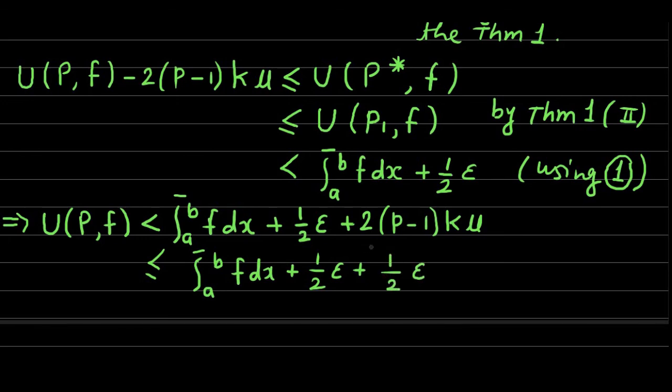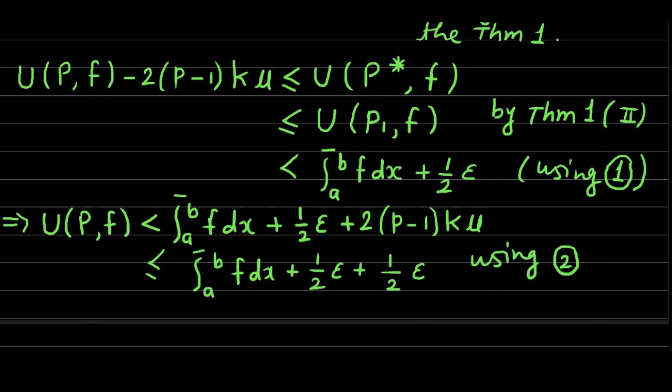So we have written this by using the relation number 2. Now epsilon by 2 plus epsilon by 2 is nothing but epsilon.